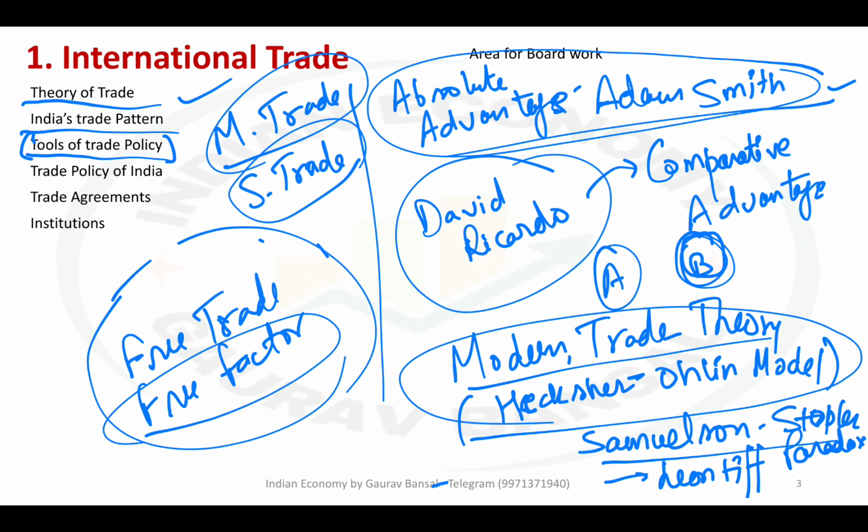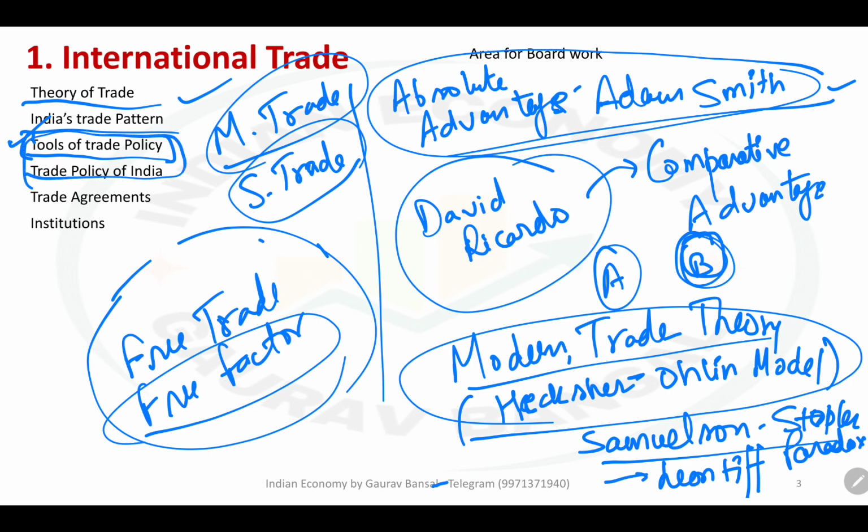Expanding the trade basket means diversifying to new product categories. Then expanding the trade partners basket or trade partners list means trying to export to more and more countries. And thirdly, we are also trying to export more labor intensive products so that we can create more jobs with exports. So these are some of the major aspects of our trade policy currently.